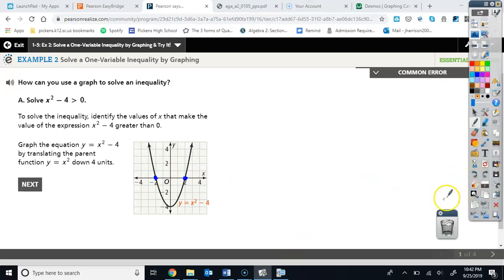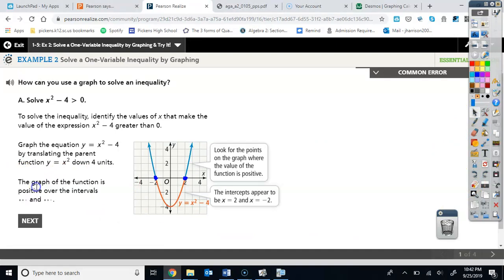So that is the same thing that we talked about the other day in class, where we use the interval notation to talk about where the graph is positive, where the graph is negative. So the graph would be greater than 0 above the axis. So that would be -infinity up to -2.